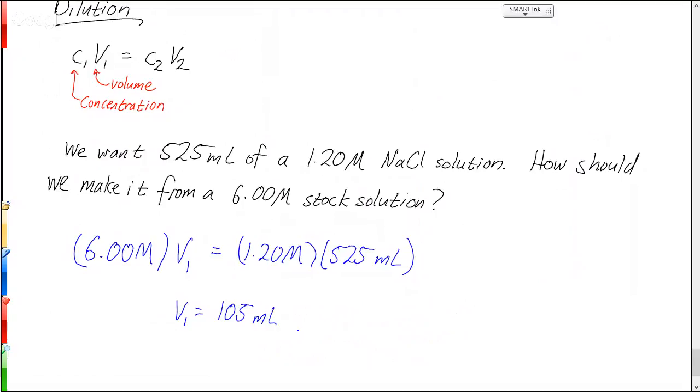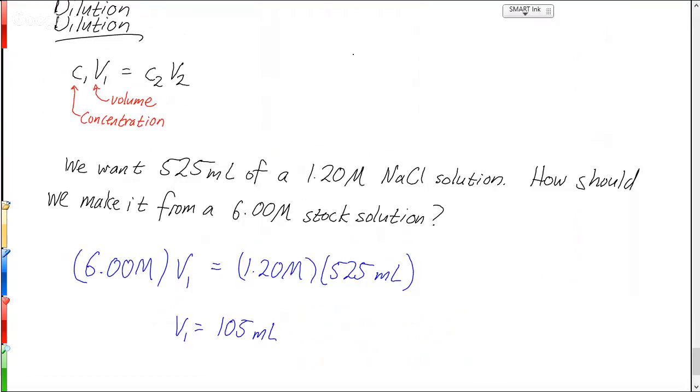This will come up in lab in a few weeks. As long as you remember that equation or some variant of it, you should be fine. Even if you forget the equation, you can do it by moles. You can just convert to moles and do it that way. But it's a lot easier if you just use this equation. All right. So that's all the calculation stuff for now.